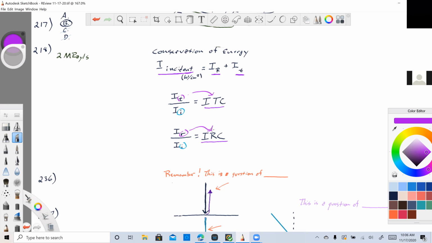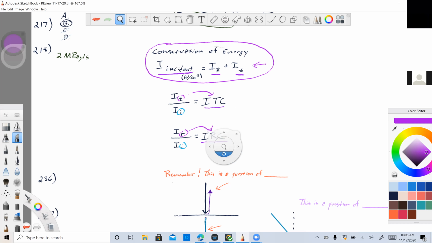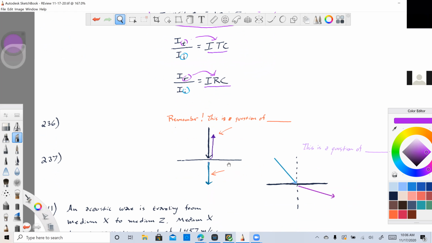Except the top one, the conservation of energy, is more important. These coefficients, I don't want to say they're unimportant, but really this one, the conservation of energy, you definitely want to memorize because they will definitely ask you a question about that.